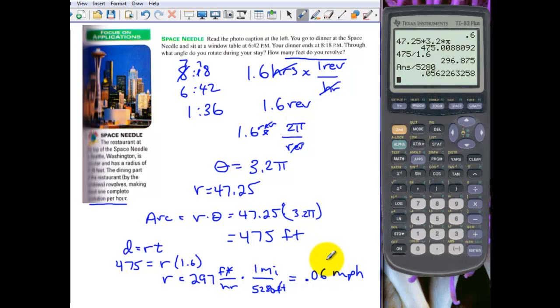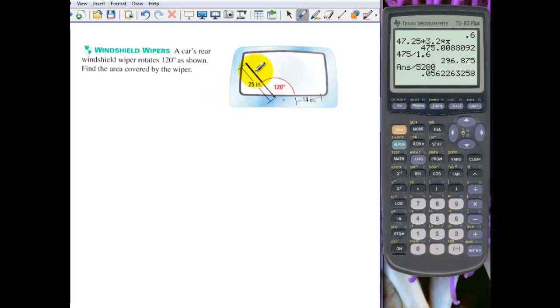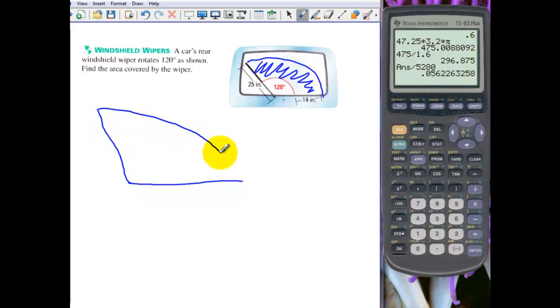Okay, so this was an arc length problem. Let's talk about area of a sector. On the rear window of, say, an SUV, we've got a wiper, and it's sweeping out an area. If we add this extra circle here, and we want to know this area, we draw it on a circle and get this shape.